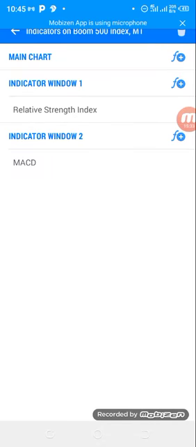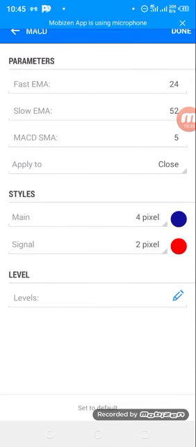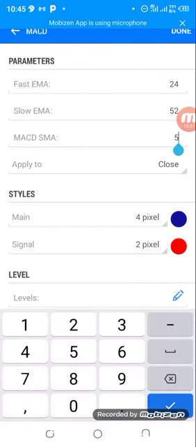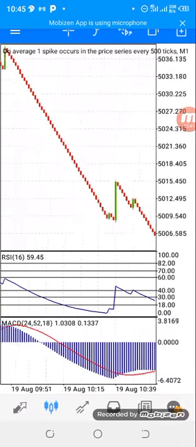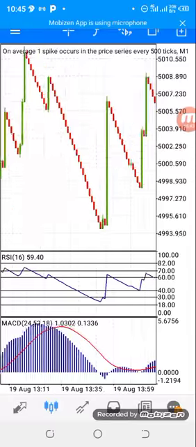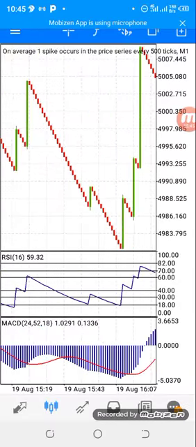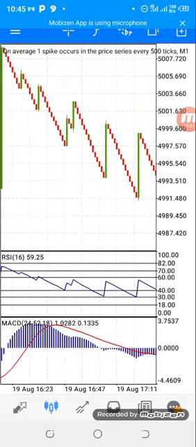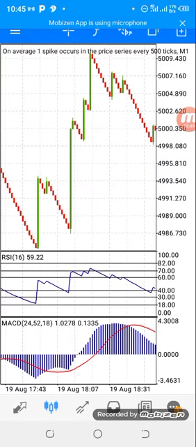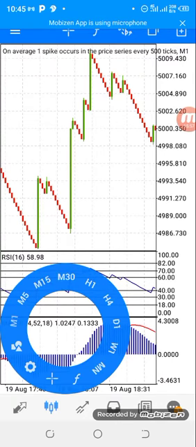Okay, the settings for MACD still remain the same, that is 18. Still remain the same, 18 is right. So let's check for a valid signal. Now, looking at this, we have our MACD bar above the red signal line.